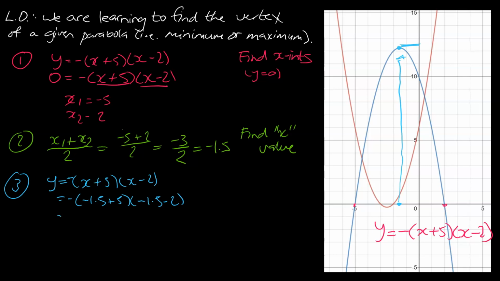So we've done that. Let's figure out each bracket. We've got negative 1.5 plus 5 becomes 3.5. And then we've got negative 1.5 minus 2 makes negative 3.5.